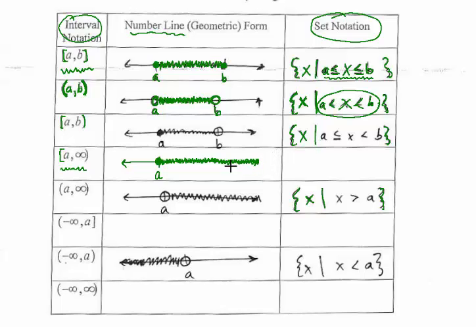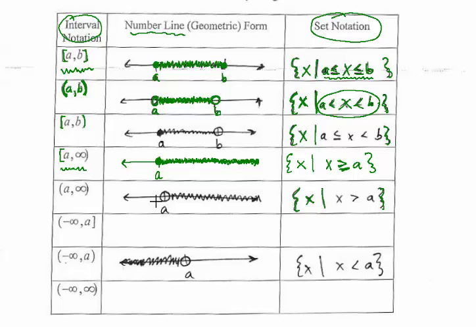Okay, so we don't need a B that we're referenced to. We just shade to the end of the number line. Alright, to write our set notation, we put a squiggly bracket, an X, and a bar, and then we say X is greater than or equal to A. Equal to bar because we had a bracket, and X is greater because we shaded to the right on the number line.